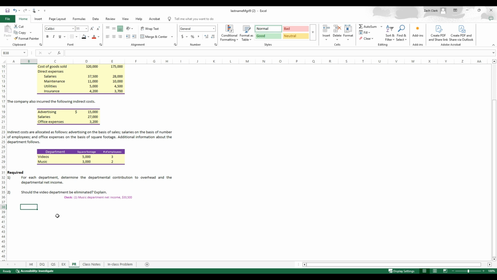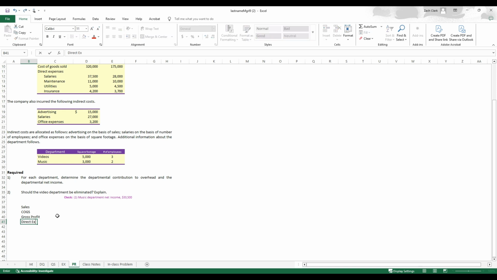So great. So let's make up a little contribution to overhead kind of income statement here. So we have sales, COGS. That's going to give us gross profit.